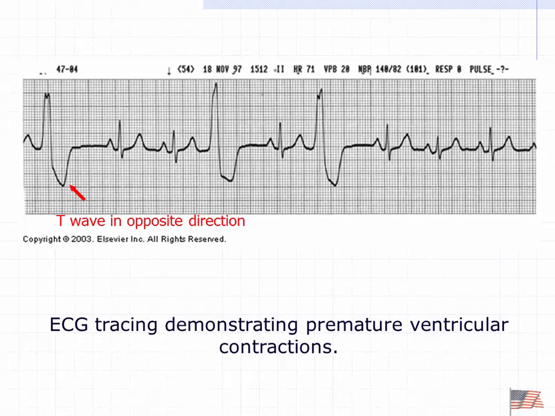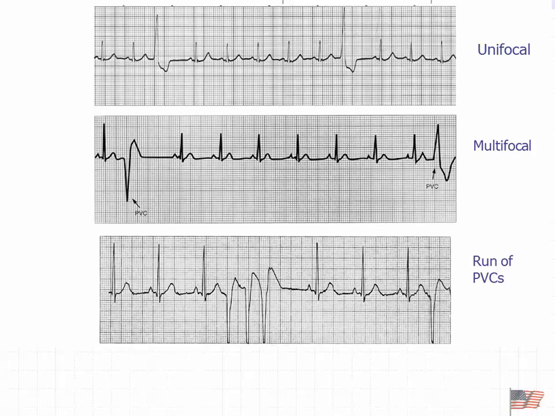So here's some unifocal PVCs. Big uglies. The rest of it is normal sinus rhythm. So normal sinus rhythm with frequent PVCs. Here's a PVC. Here's a PVC. They don't look the same.